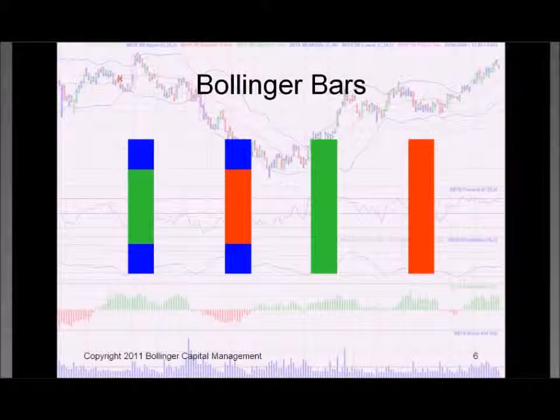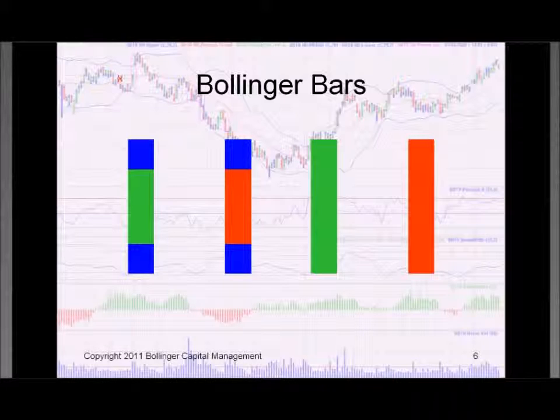When the body of the candlestick is green, that is when we closed higher than we opened, chances are about 90% that the low of the day was recorded before the high of the day. Likewise, when the body of the candle is red, the chances are about 90% that the high of the day was recorded before the low of the day.